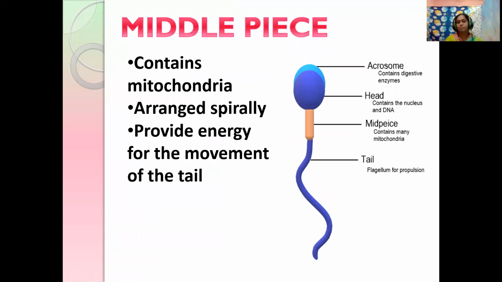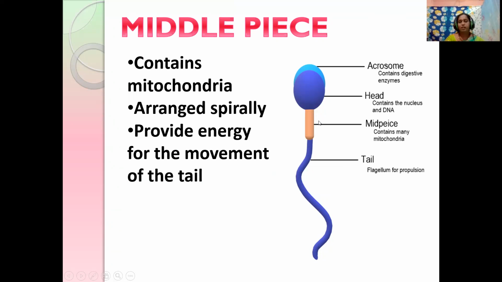We move to the next part, the middle piece. This is the middle piece, students, and here it is highly coiled and many mitochondria are present. What is the other name of mitochondria? You have learned in your 9th and 10th class biology. It is the powerhouse of the cell, isn't it, students?